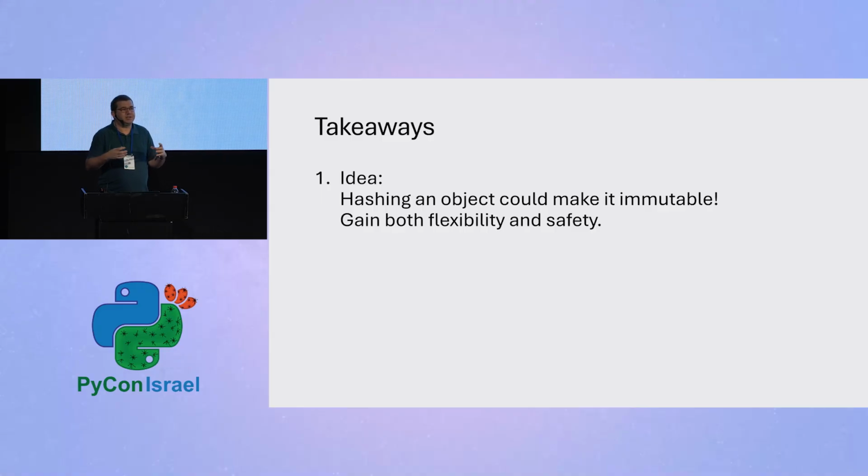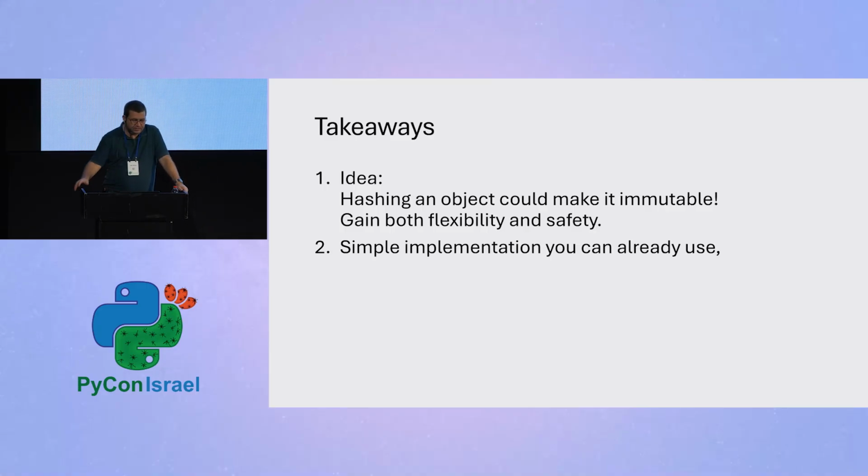If you make your custom hash implementation freeze the object, you gain safety without compromising flexibility. We saw together a simple implementation that you can already use as is, these few lines of code that were demonstrated. And there is also a packaged, more mature solution available for your use.